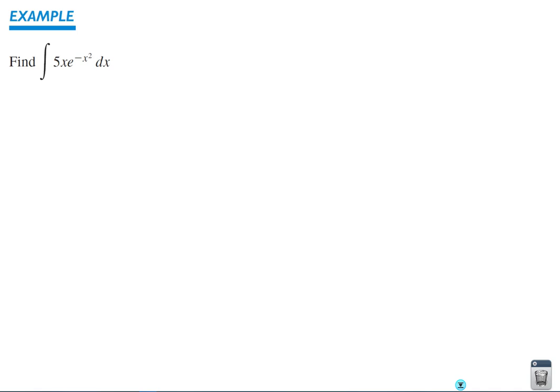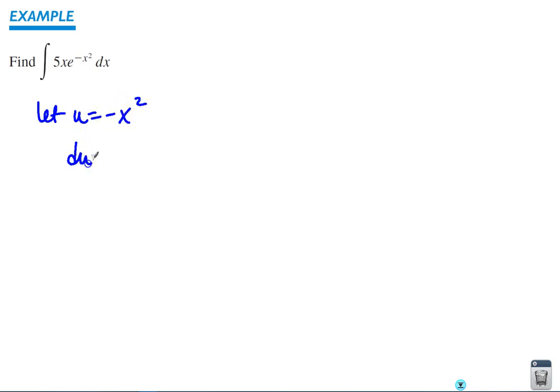Antiderivative of 5x e to the negative x squared dx. I'm hoping by now you guys are kind of easily recognizing what u is supposed to be versus what the du equivalent would be. So in this case, when I see my expression e to something, basically the something is going to be u. Okay, so let u equal negative x squared.